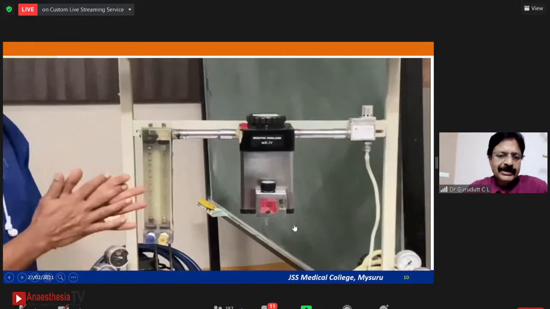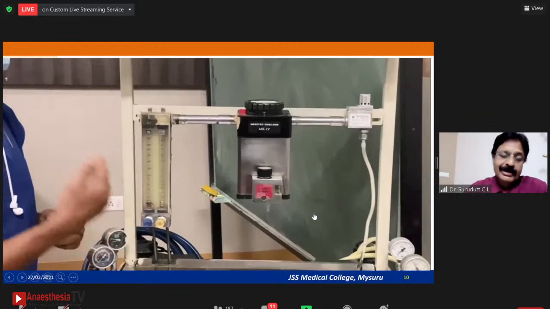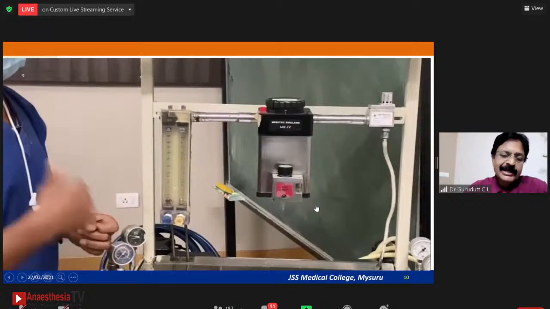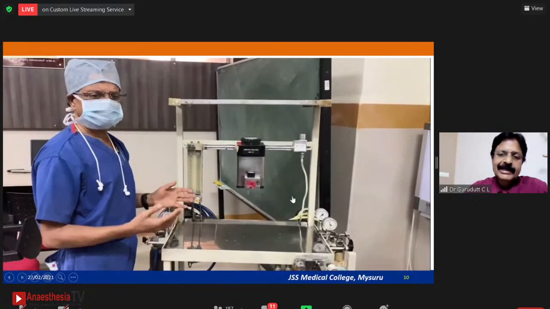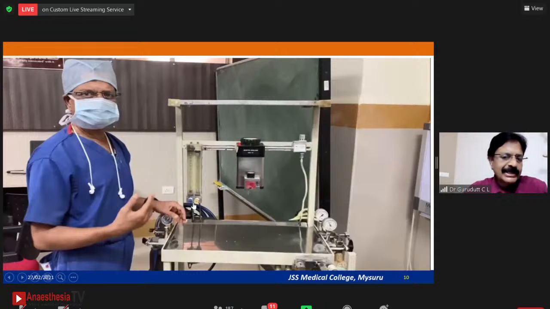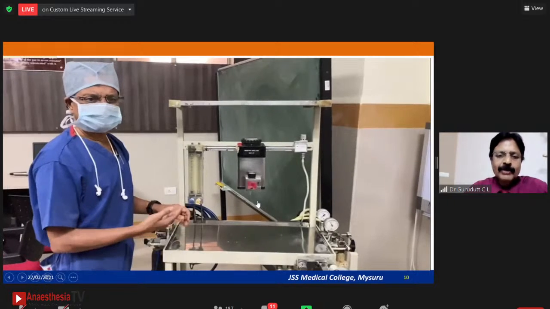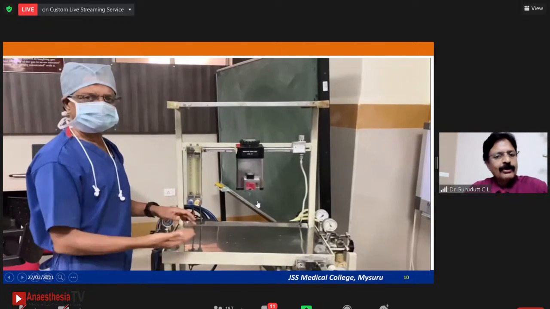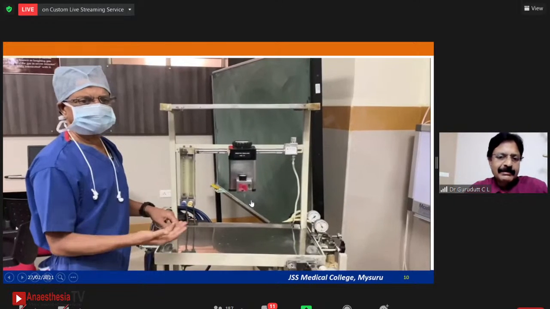Now after opening the oxygen cylinder, whether this fail-safe valve is really fail-safe, or the master-slave regulator is going to protect the person from getting any hypoxic mixture, I'll try to open only nitrous oxide. When I only open nitrous oxide, I can still give only nitrous oxide to the patient. Just watch the video.